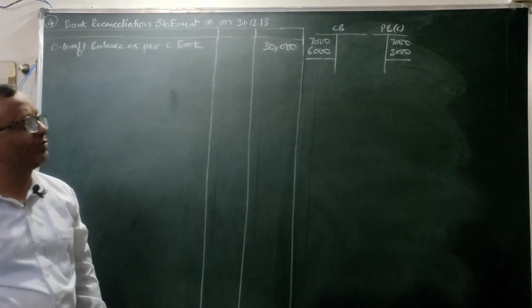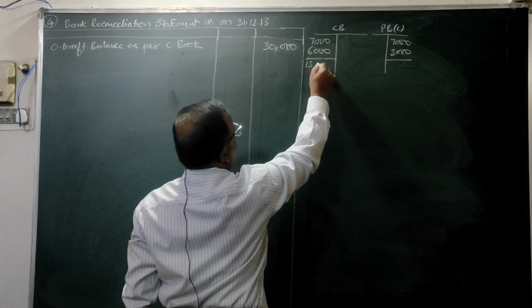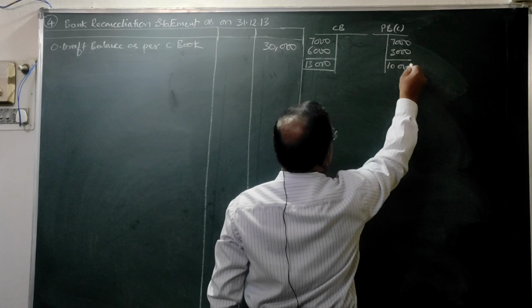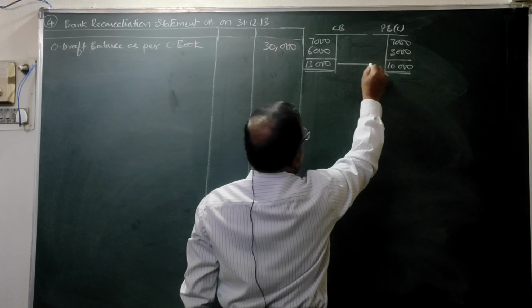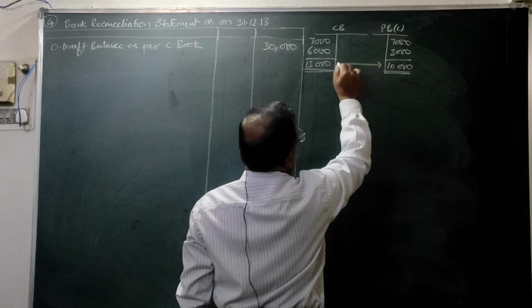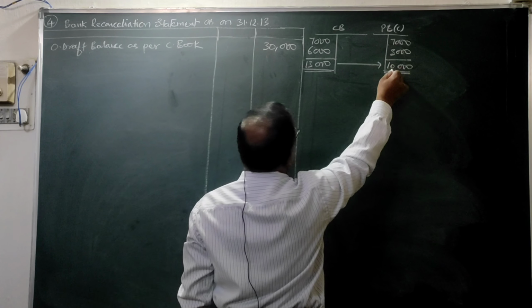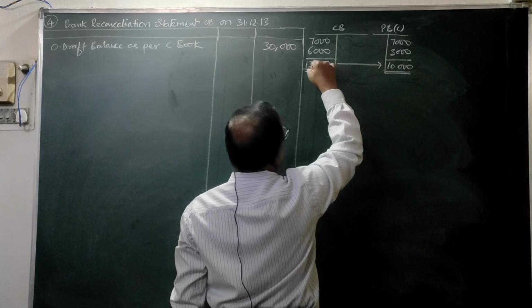See how much it is: 7,000 plus 6,000, 13,000, whereas here it will be 10,000. So passbook is showing 10,000, cash book is showing 13,000. We have kept the passbook as constant, so our arrow mark will point towards the constant side. 13,000 should be converted to 10,000. To make 13,000 equal to 10,000, what should we do? We should subtract.